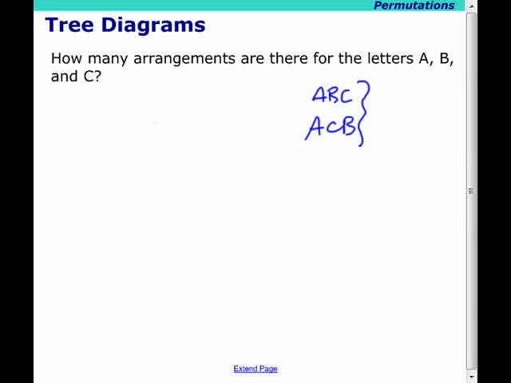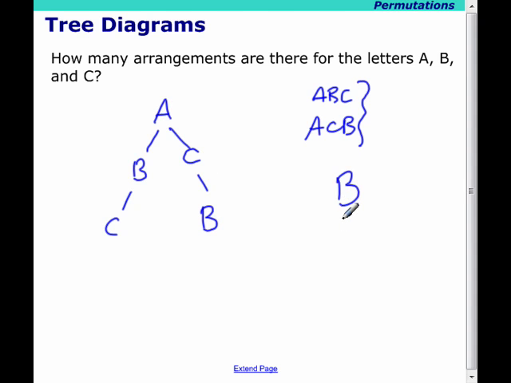So you can say, okay, I could start with an A, then I could do a B, or I could do a C. If I did a B, then my last one would be a C. But if I did a C, my last one, of course, would have to be a B. And those are all the different permutations that would start with the letter A. Let's do the ones that start with the letter B over here.